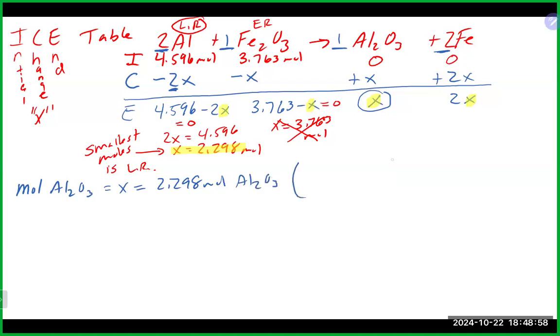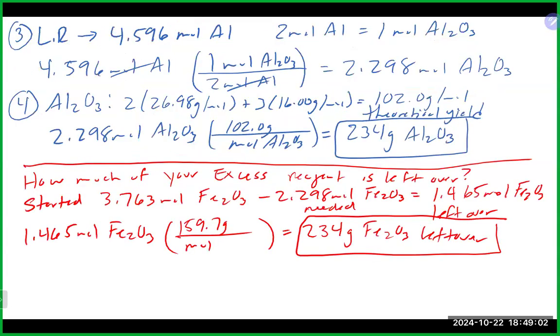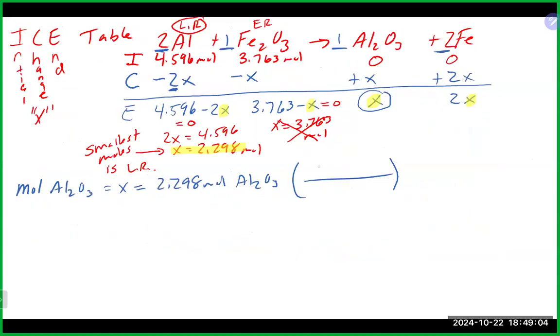We could use our molar mass that we could calculate from the periodic table like we did previously, which was 102. We times it by 102 grams per mole. And now we have our answer, right? Which is 234 grams of aluminum oxide.